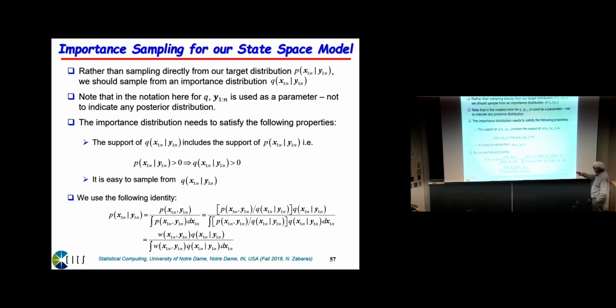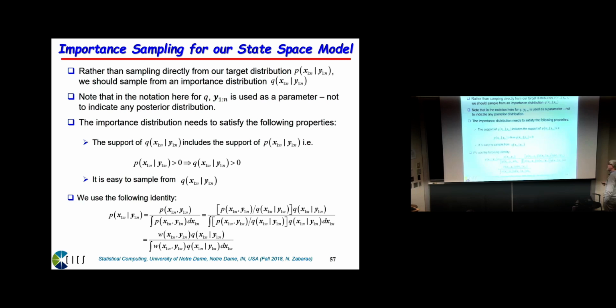When I say given y1 to n, I want to imply that in deriving some optimal distribution Q, you may want to take into account the fact that you actually have some measurements. I'm not suggesting that that is going to be easy, but I want to remind you that you can use the y's in designing this Q of x. And we will see how that happens.